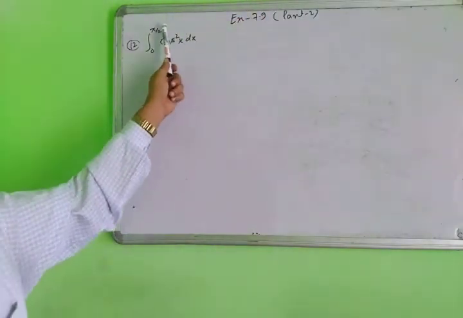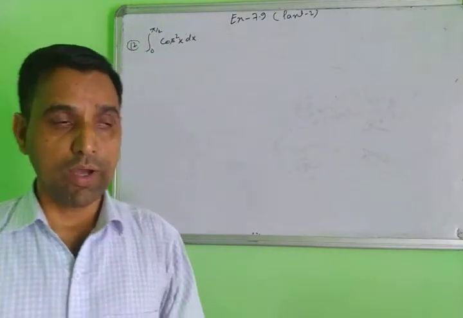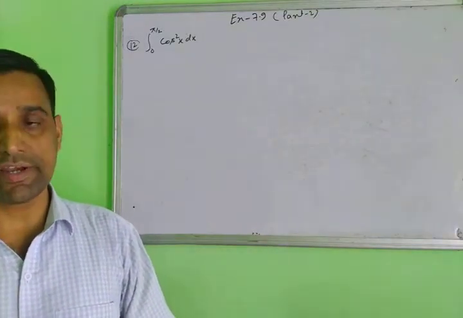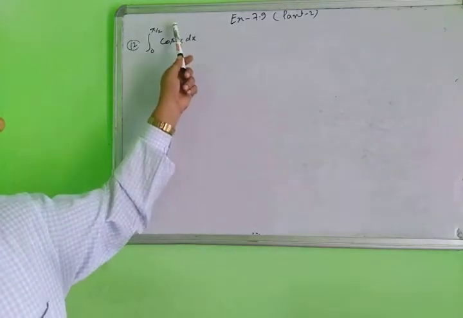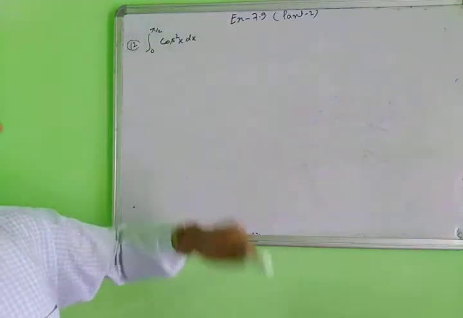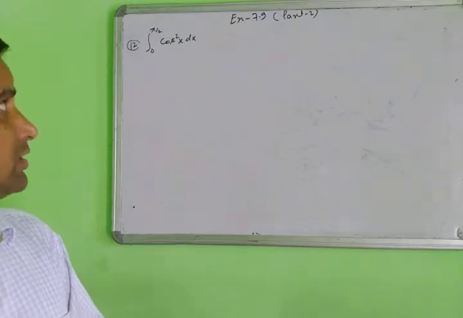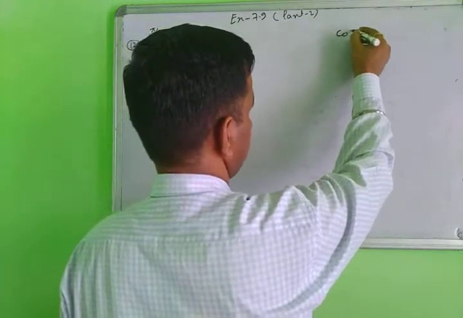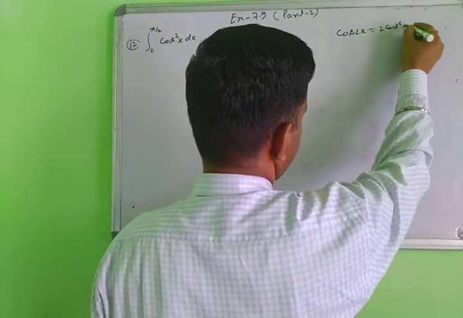The function given is cos square x dx. You have no direct identity for the integration of cos square x, so first you break down this cos square x into its simplest form. First, cos 2x equals 2 cos square x minus 1.